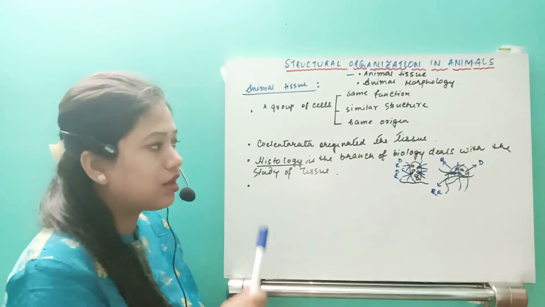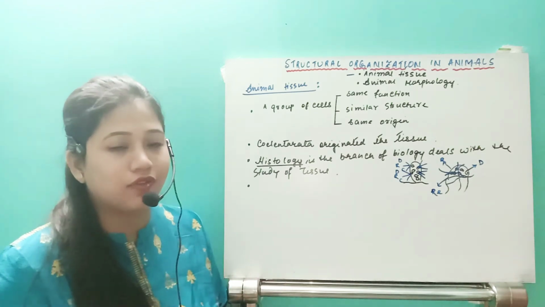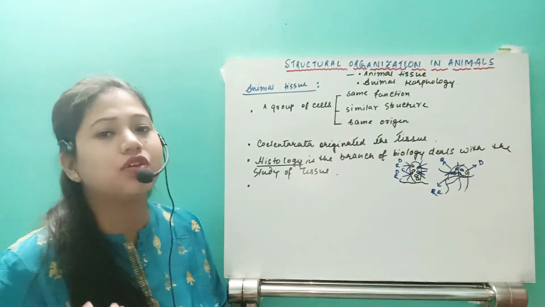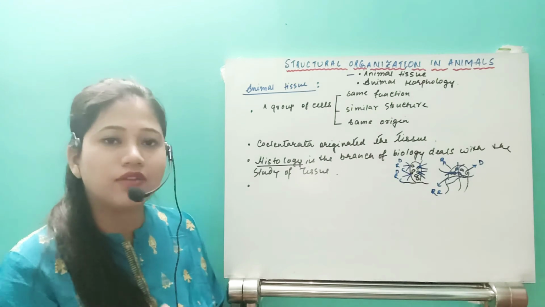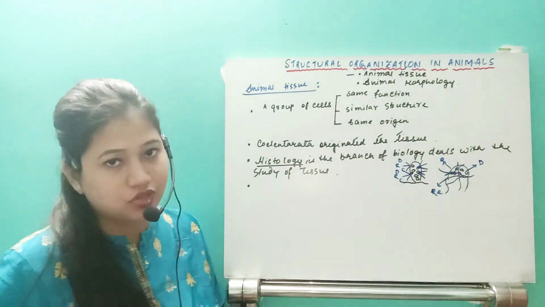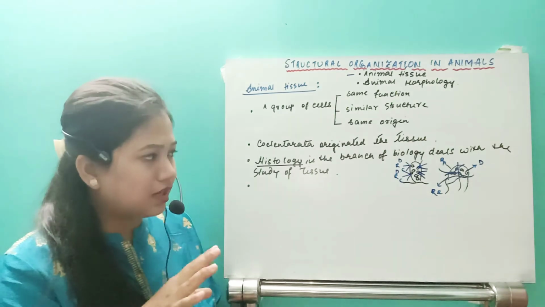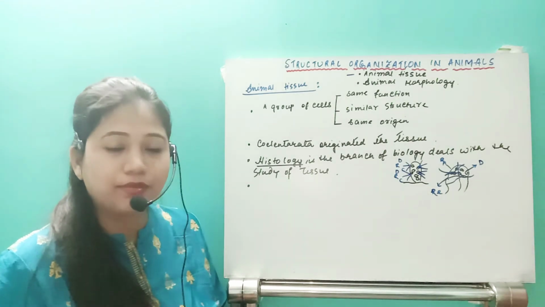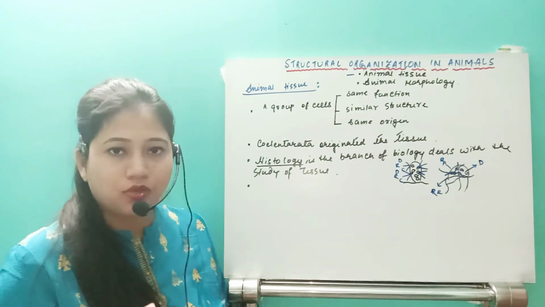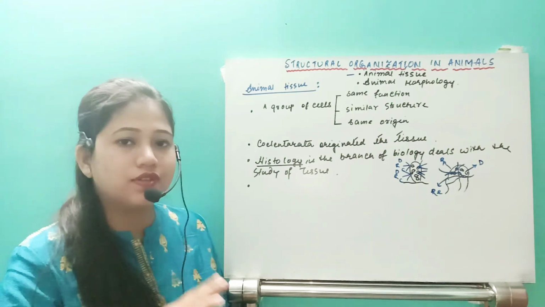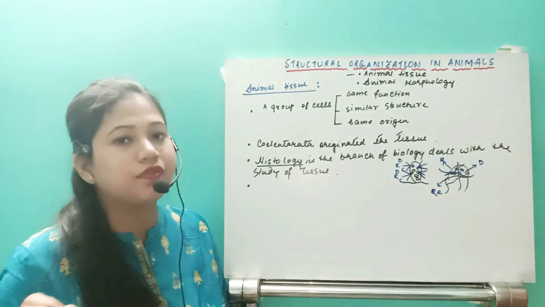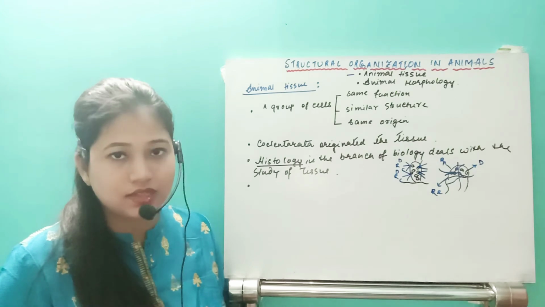What happened in the Porifera? We have said that they have the cellular grade. Why? Because each of the cells has to perform all the functions, so they are not even specific to their functions. Suppose, just take a very easy example, if a teacher teaches you all the subjects, okay, suppose zoology, botany, physics, chemistry, everything, then that teacher will not be specific to all the subjects, is it?